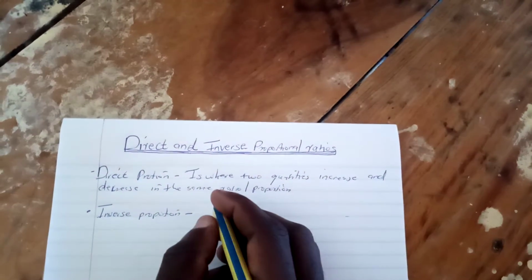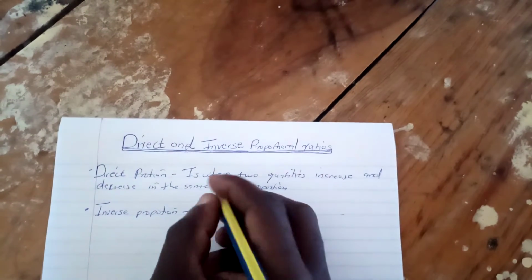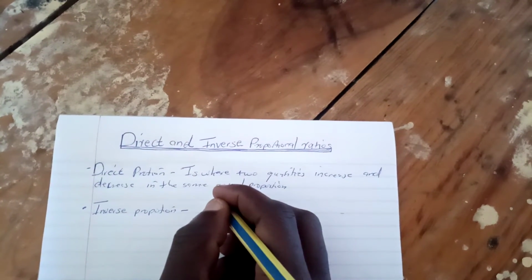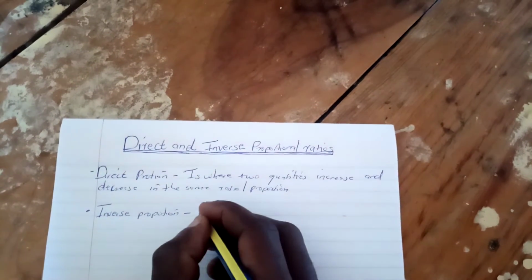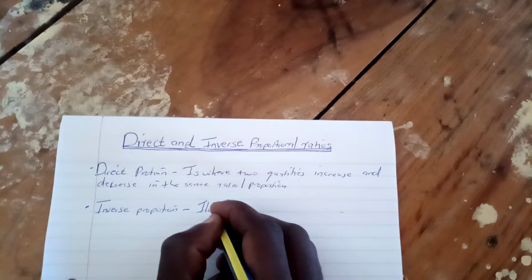This is where two quantities are such that when one increases in the ratio, this where, let's have that down.